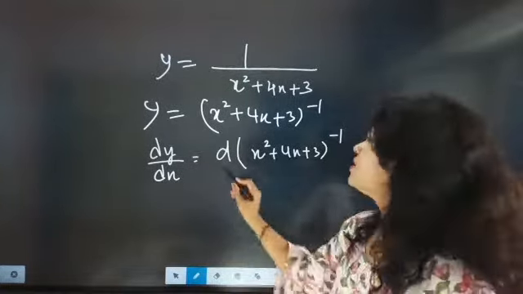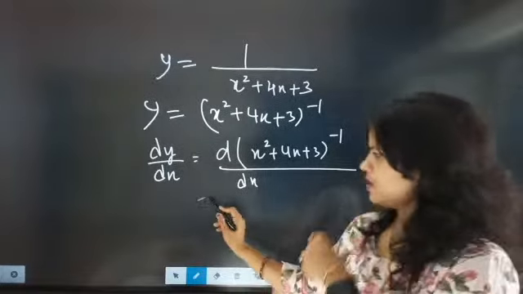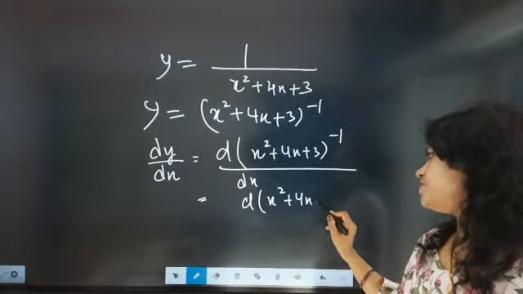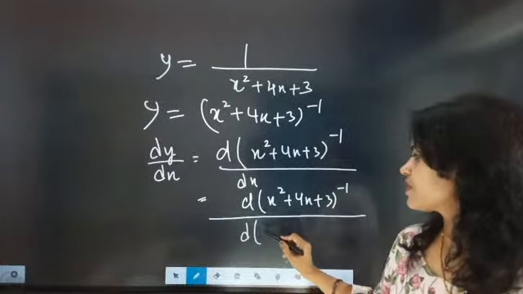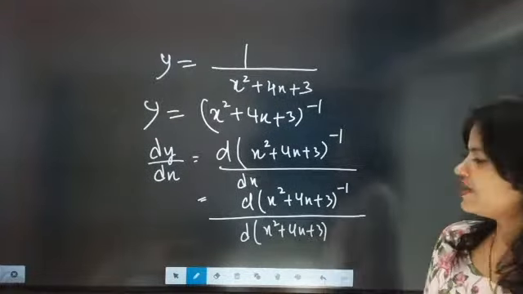So inverse is there. So rather than writing, first we will write d by dx. So now this is not going to help us, so we are going to write the same thing again down, but this time we will be removing the minus 1.